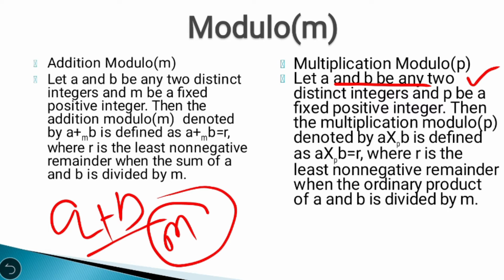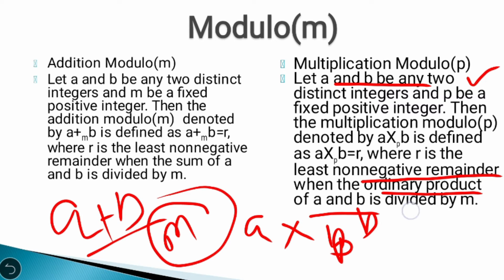Then the multiplication modulo is denoted by a ×m b and is defined as a ×m b = r, where r is the non-negative remainder when the ordinary product of a and b is divided by m. Means we first multiply both the numbers and then divide by m, and the remainder will be our answer.